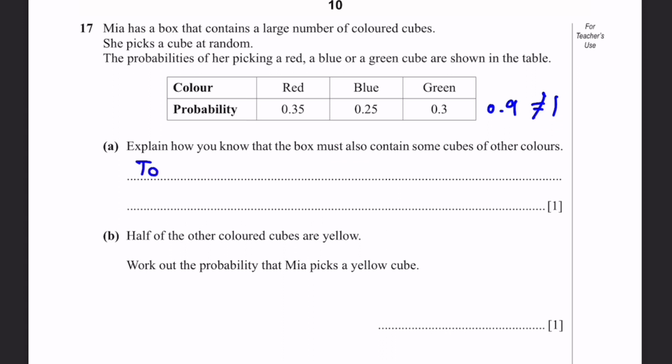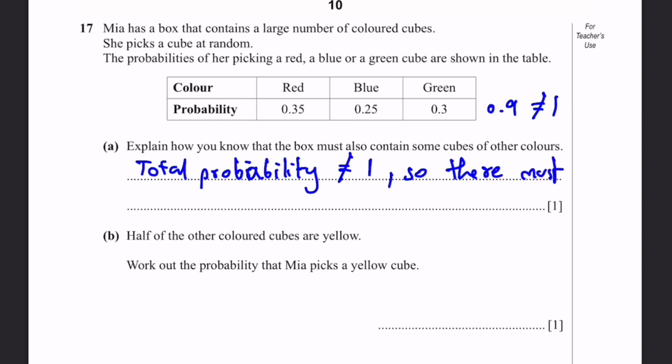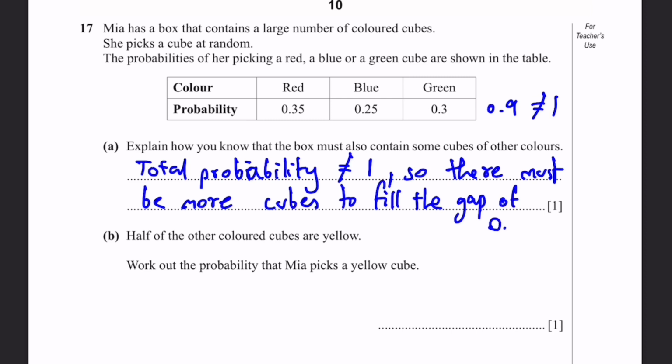So the total probability is not equal to 1. So there must be more cubes to fill the gap. The gap of 0.1, because 1 minus 0.9 is 0.1 remaining.